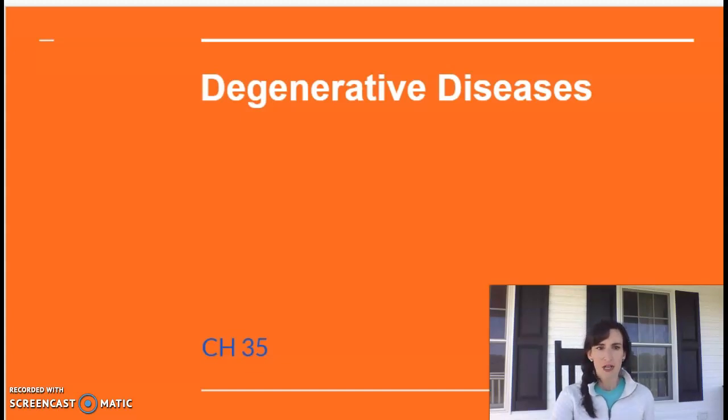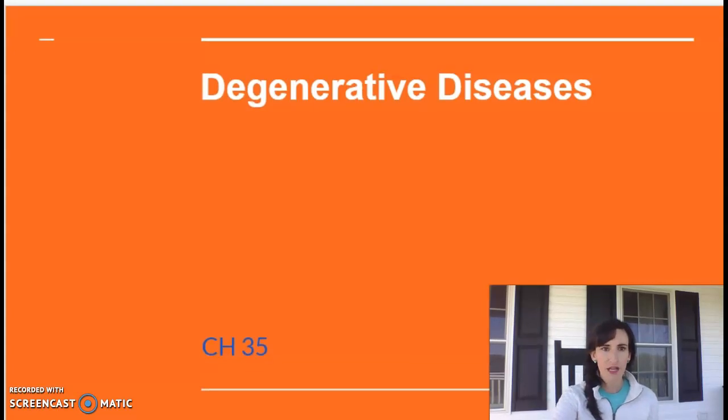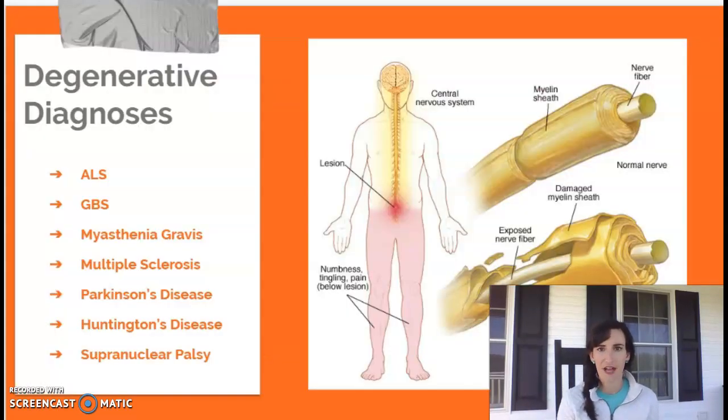Okay, so jumping in. The first slide I've got for you here is an overview and a review of your anatomy. This is a very broad view of your anatomy, so please jump back into your anatomy textbook if you need to review more. I would recommend that. This is just a little reminder of your brain and your spine and those nerves that are shooting off. And then what happens is that nerve starts to degenerate, right?